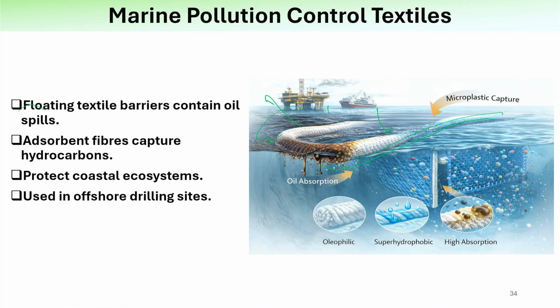It is used in offshore drilling sites, because at an offshore drilling site there is always a chance of oil spill within that zone. Even if there is no accidental oil spill, in the normal case also there may be some oil spill. So, that oil drilling site is covered with this type of floating textile material.